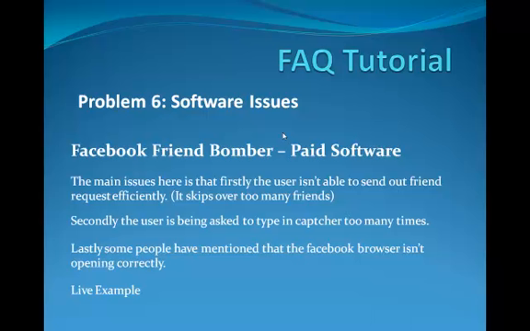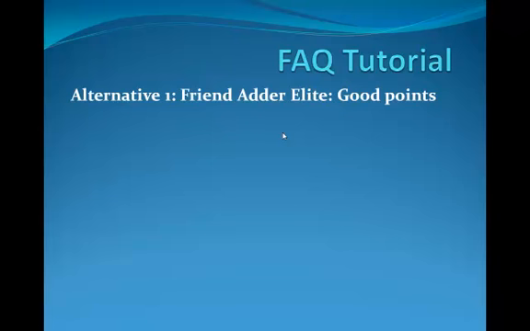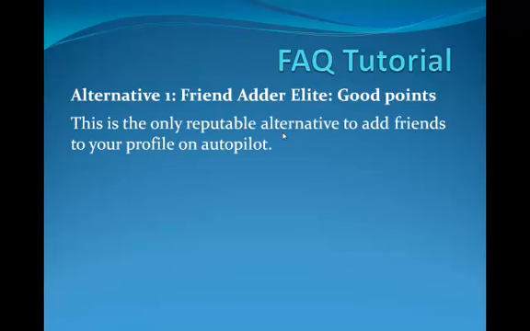Okay, so hopefully I've answered a few queries and questions there. What we did want to do was provide you guys with an alternative, just in case you've gone through the free software and it hasn't worked for you for whatever reason. You've gone to the paid software now, and for some reason it's not working for you, you're getting a bit frustrated. Then we have found an alternative, guys, and that is called the Friend Adder Elite. Now this, I would say, is the only reputable alternative to add friends to your profile on autopilot.